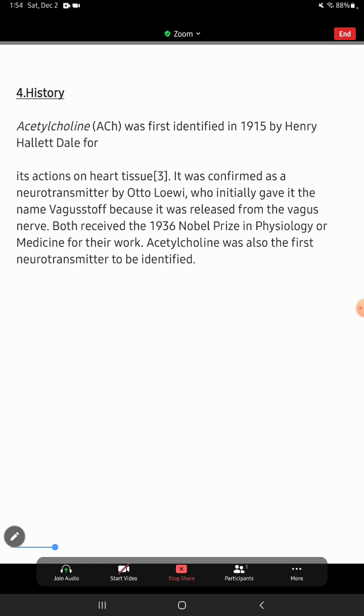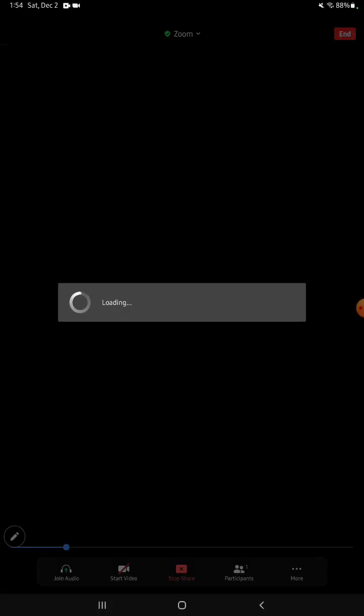The vagus nerve is the main nerve of your parasympathetic nervous system. So he received the Nobel Prize in Physiology or Medicine for this work in 1936. Acetylcholine was the first to be identified as a neurotransmitter.